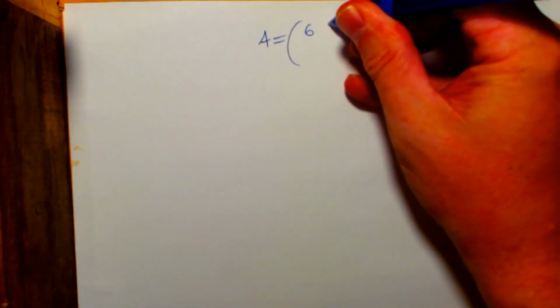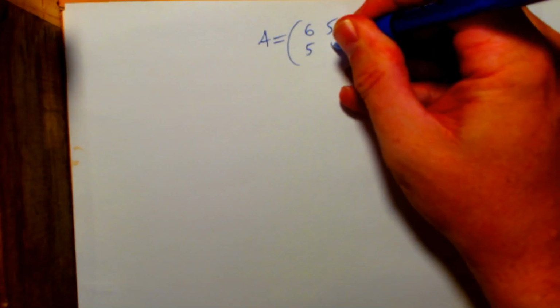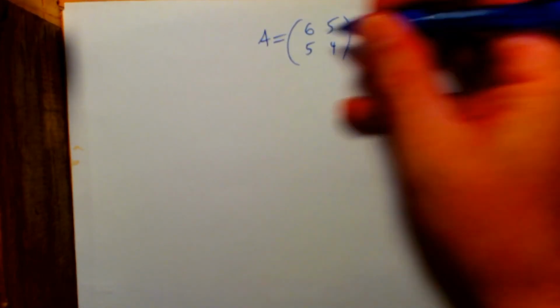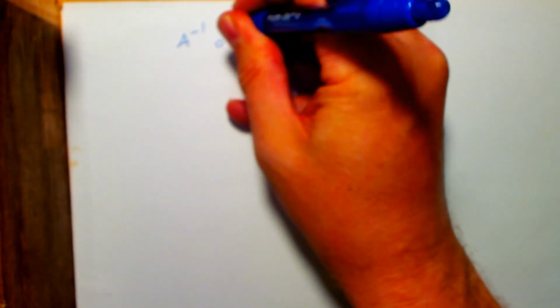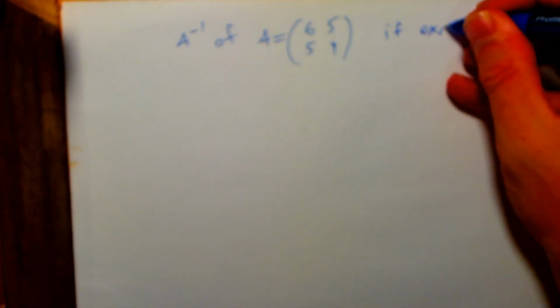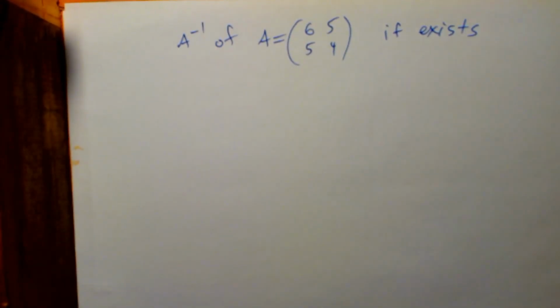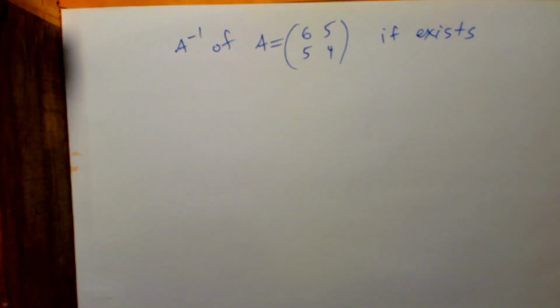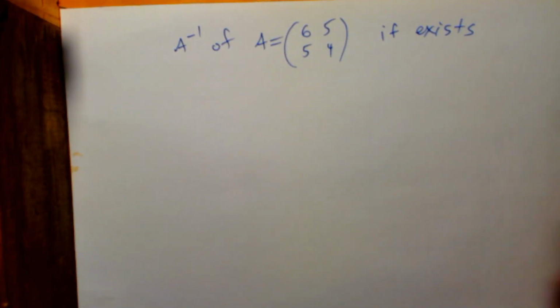Okay, next example. Let's find the inverse of the matrix 6, 5, 5, 4 if it exists, using Gaussian elimination. But we already know, I think, because we've been using this before. Okay, let's just calculate it again.